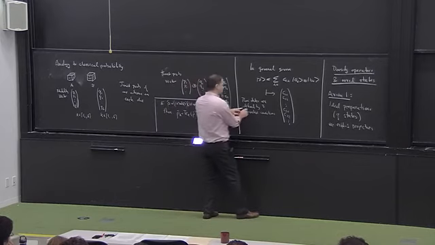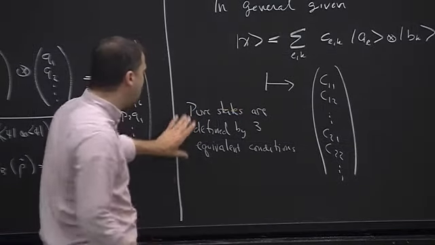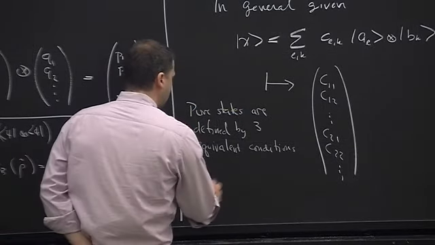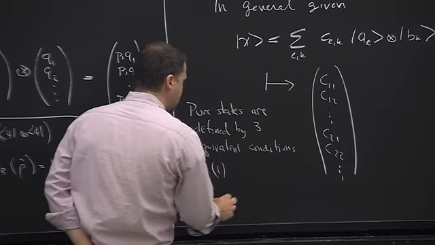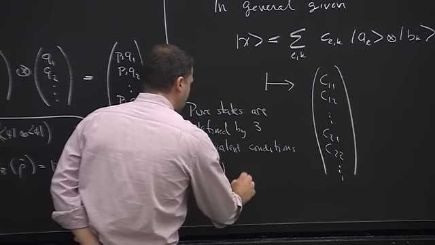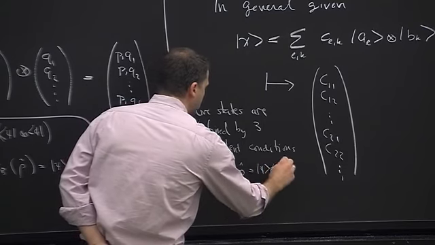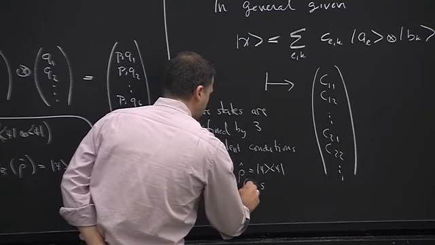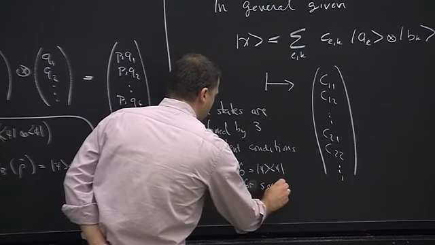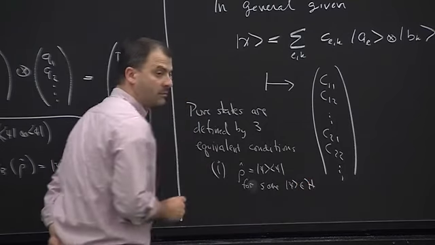All right, so pure states are defined by three equivalent conditions. This is something I should tell you right away. A state rho is pure if rho is equal to psi for some vector in the Hilbert space.